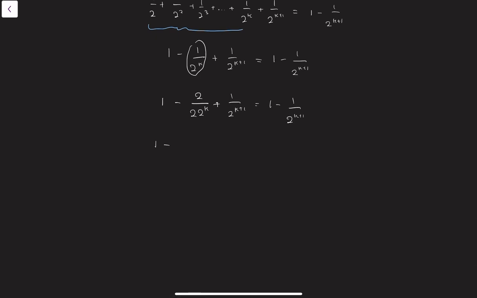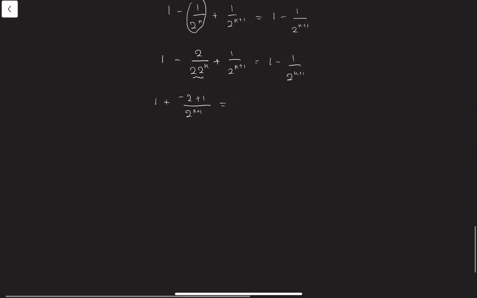Well, this is just 1 over, plus 2. I'll write it as such, because we can write them under the same denominator, right? This is equivalent to 2 to the k plus 1. We can just solve this and get into this form.